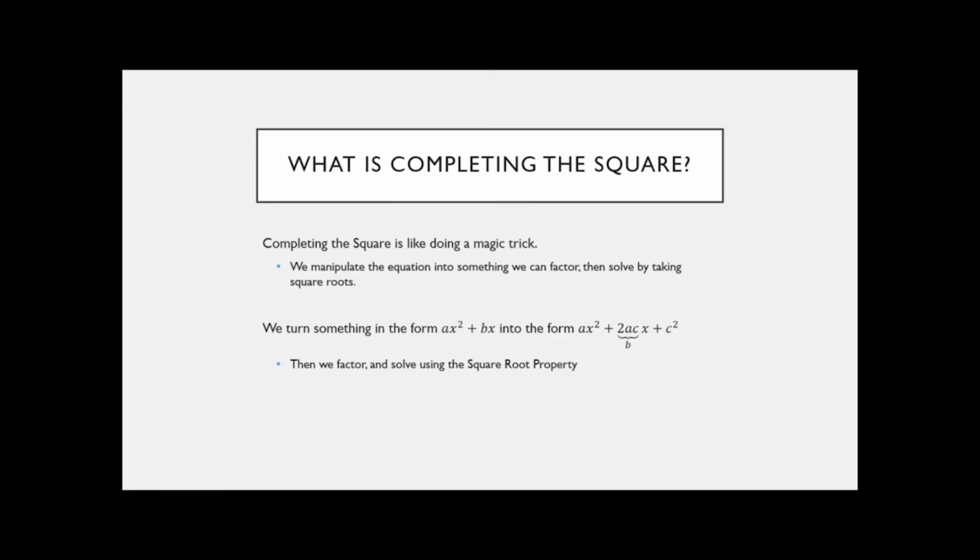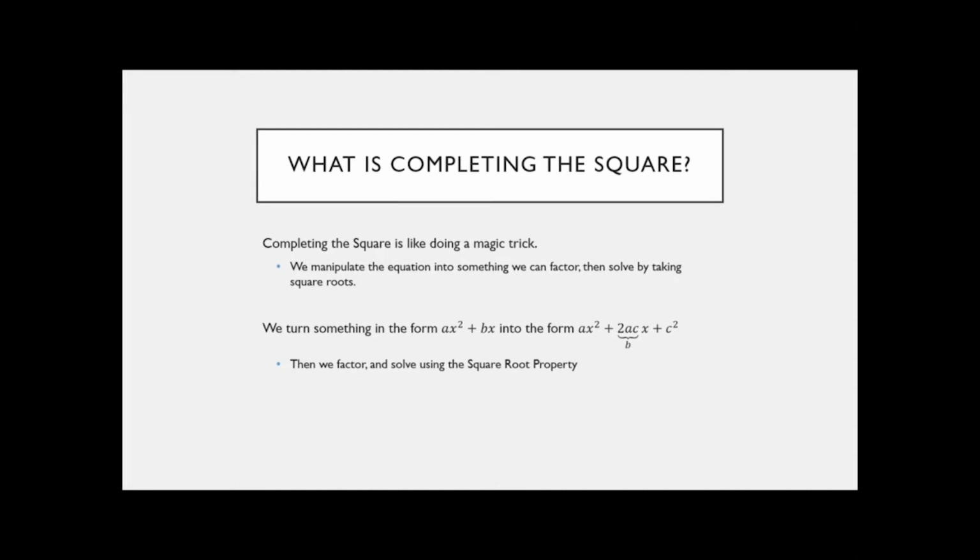But the process of adding and subtracting the same thing can allow you to manipulate it differently than what you normally had. So it's like a little magic trick. You're adding 0 because you're adding and subtracting the same number, but it allows you to rearrange the equation differently. That makes it easier to work with.